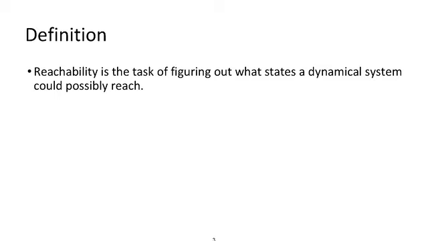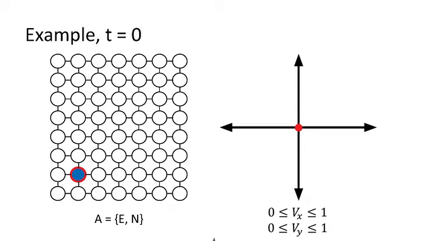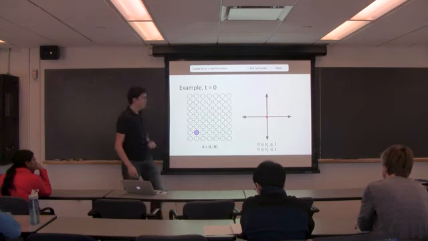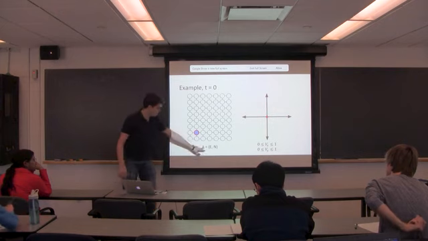Okay. So reachability is the task of figuring out what states a dynamical system can possibly reach or be at a certain time. So for example, if we have these two systems, a finite state machine, a discrete system, and a continuous system, and these are the starting states. Then, these are our actions.